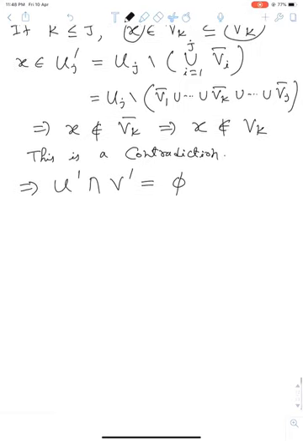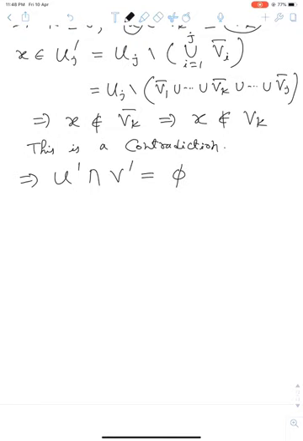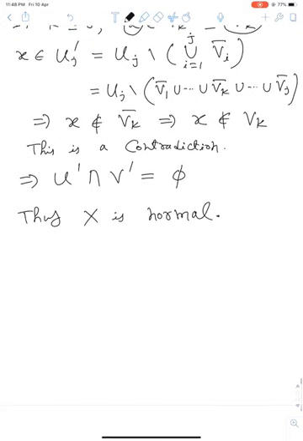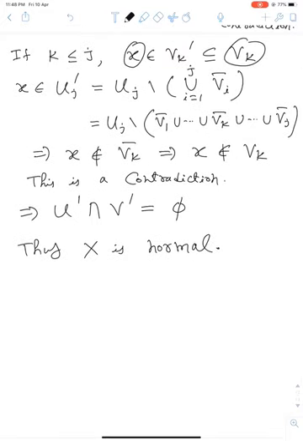That means X is normal. Now this completes the proof. Now this is a little bit tricky, so you can go through the proof again. So today I stop here.